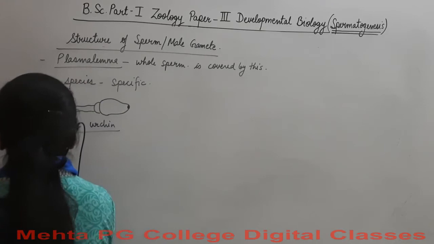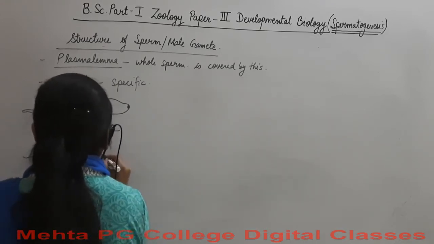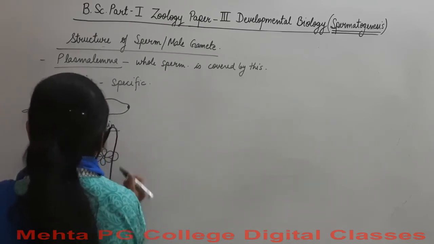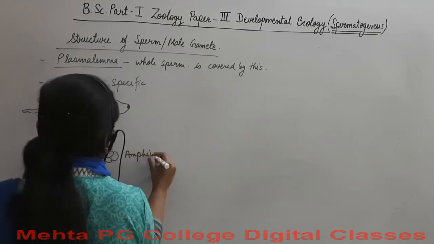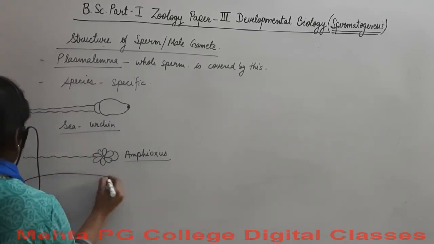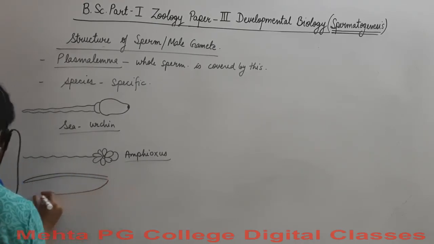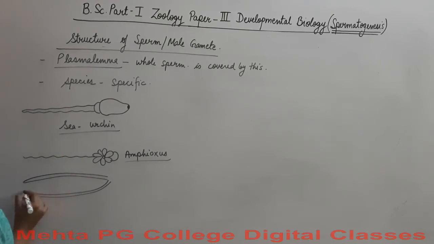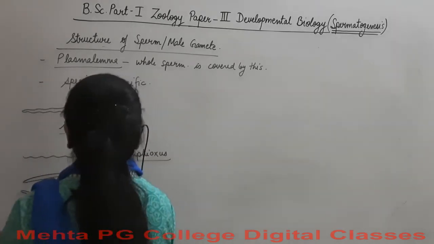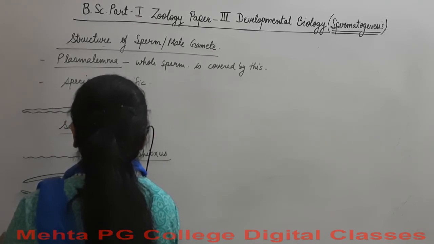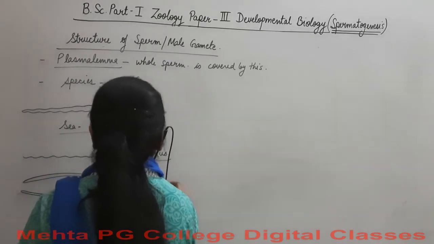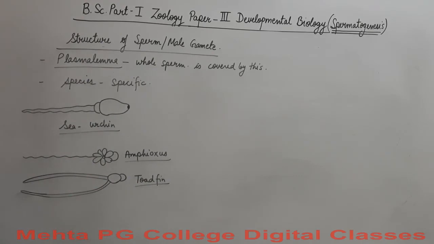Second, when we talk about Amphioxus, this is the structure of the Amphioxus male gamete, just a flower-like structure.